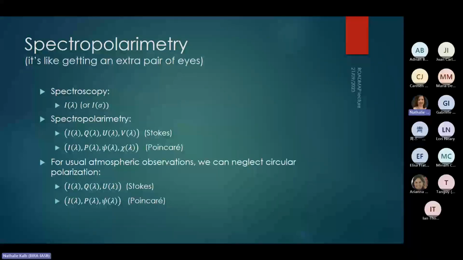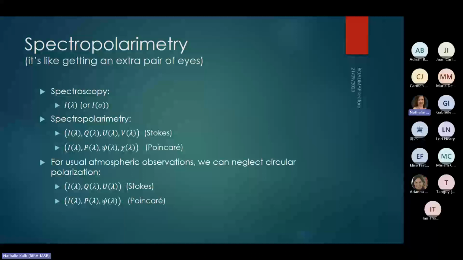So, spectropolarimetry. Most people are aware of I of lambda, what we measure: intensity as a function of wavelength or spectroscopic frequency, no, wave number. Now we generalize it to spectropolarimetry.